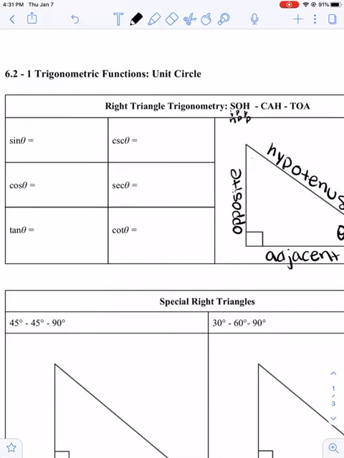So sine is the opposite over the hypotenuse. Cosine is adjacent over the hypotenuse. Tangent, this is tan, is opposite over adjacent.